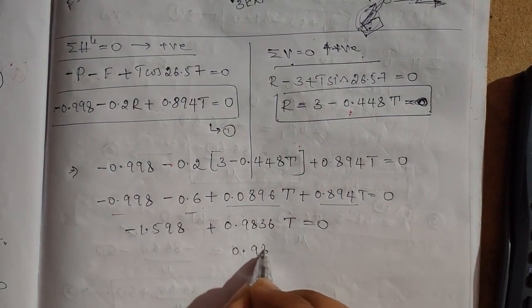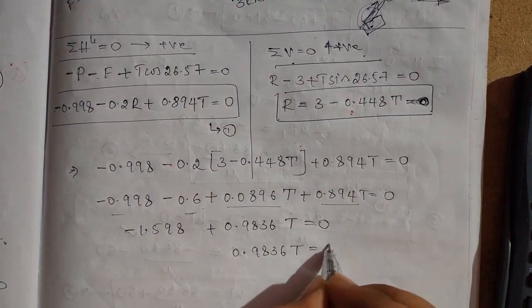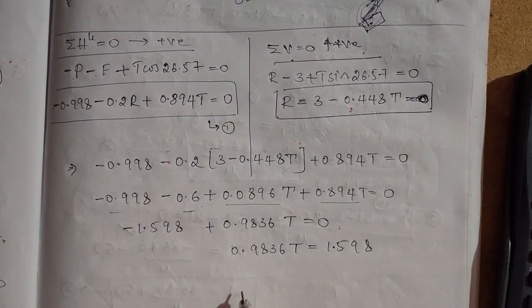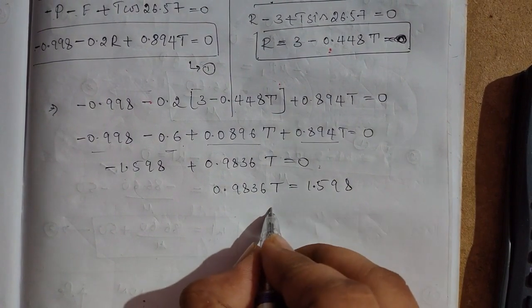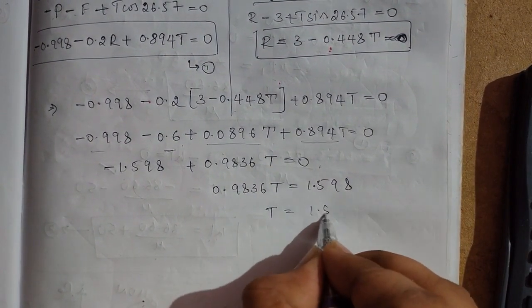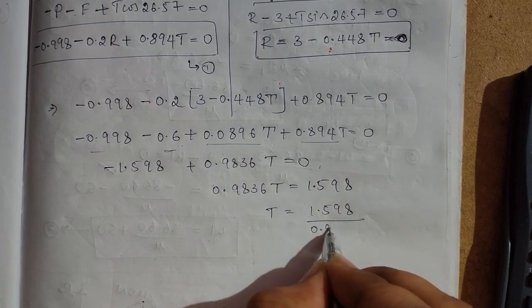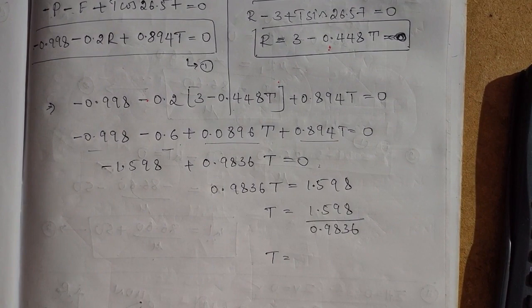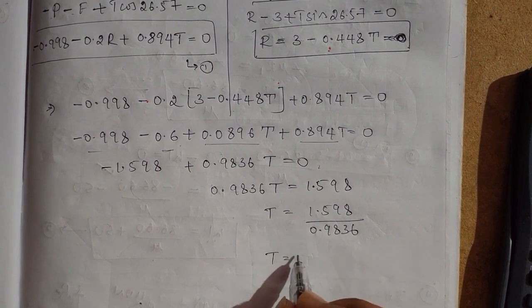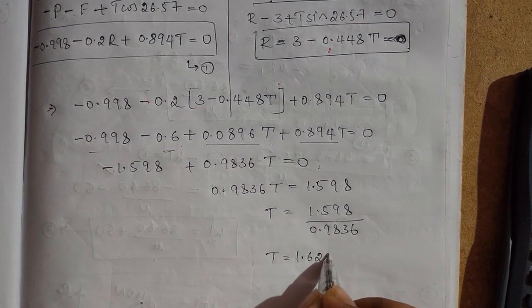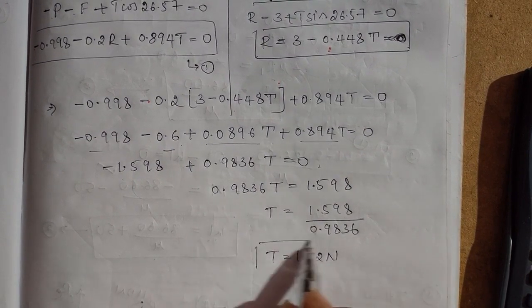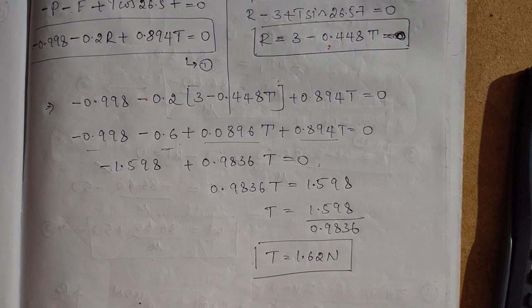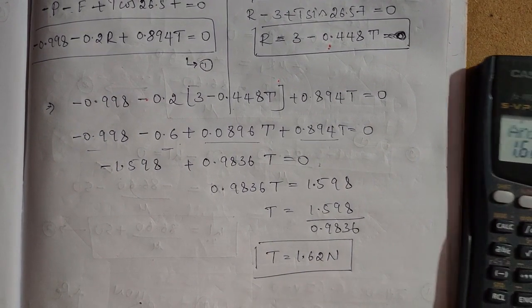Now 0.9836 T is equal to 1.598, as I send it towards this side, it will become positive. Then your value of T is equal to 1.598 divided by 0.9836. So T value will be 1.62 Newton. Okay, the value of T is 1.62 Newton.